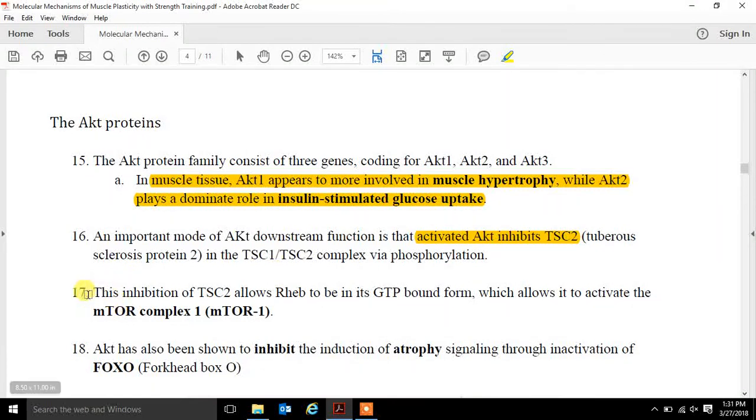I'm going to highlight point 17, and then I'm going to go to the figure because I think that illustrates it a little bit better than the text here. This inhibition of TSC2 allows Rheb to be in its GTP form, which allows it to activate mTORC1 complexes.